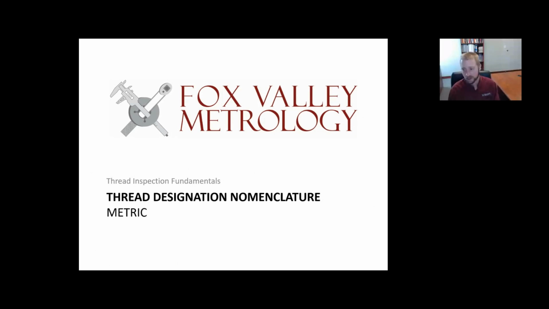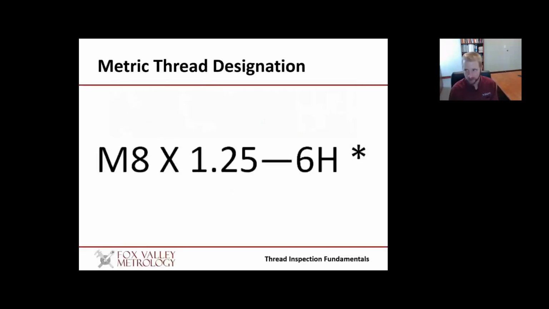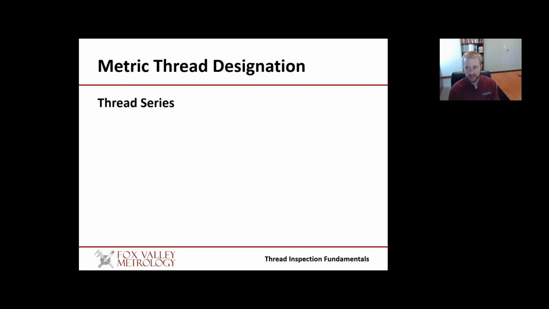This is a very similar nomenclature setup as exists within the imperial side of things, but there are some key differences. So why don't we go ahead and break those down? The first item listed within this designation is the thread series, as you'll see here, denoted by M. There are basically a handful of different types of thread series which exist, and this is pretty similar to the UN and the UNC within the imperial system.